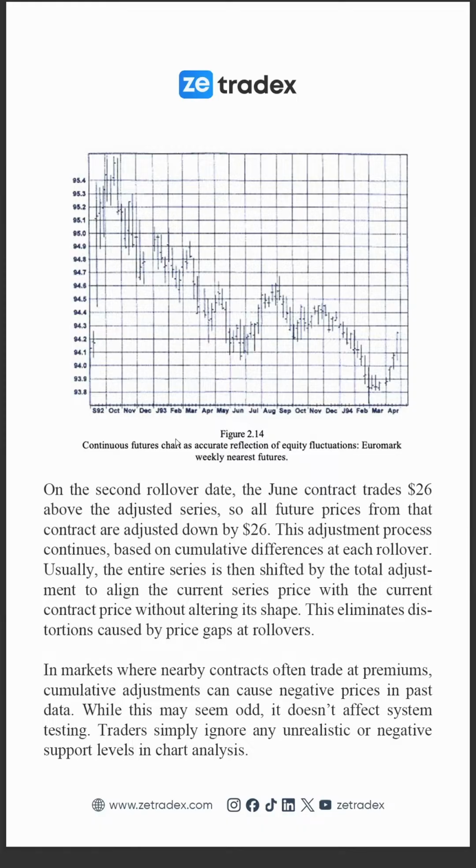This eliminates distortions caused by price gaps at rollover. But in markets where nearby contracts often trade at premiums, the cumulative adjustment can cause negative prices in past data. While this may seem odd, it doesn't affect system testing. Traders simply ignore any unrealistic or negative support levels in chart analysis. Next page.